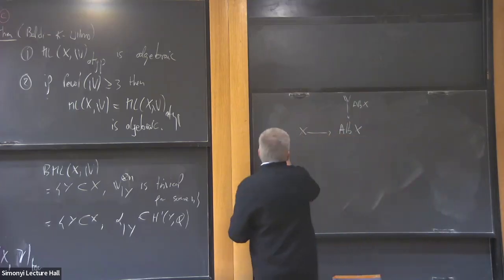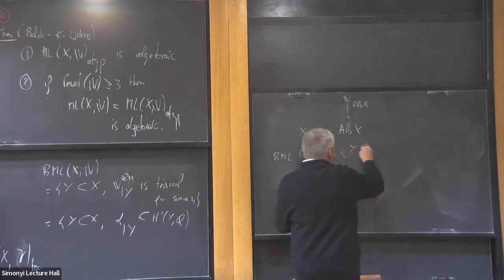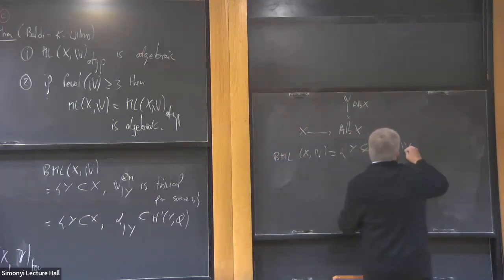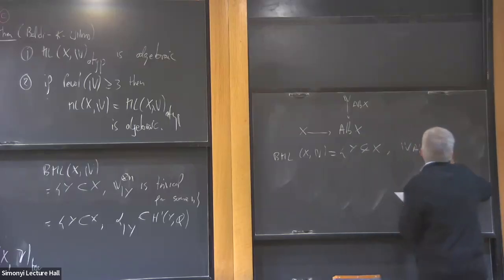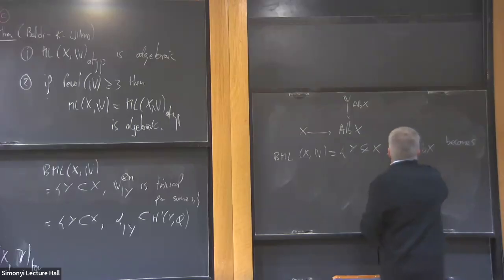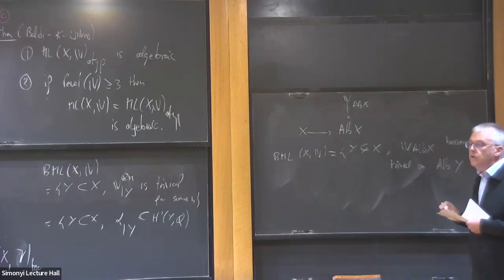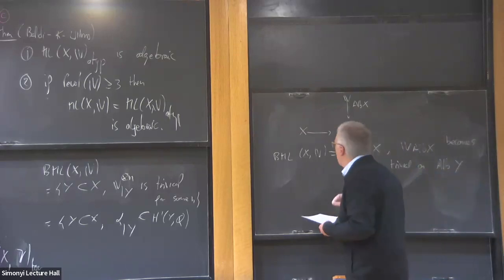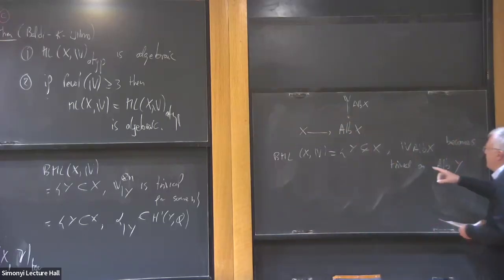You see that the big monodromy locus of X, Z is nothing else than the Y in X such that V restricted from Alb X becomes trivial on Alb Y. Sorry, you have to kill the substitution in H2. Yeah, okay. Let's kill them.